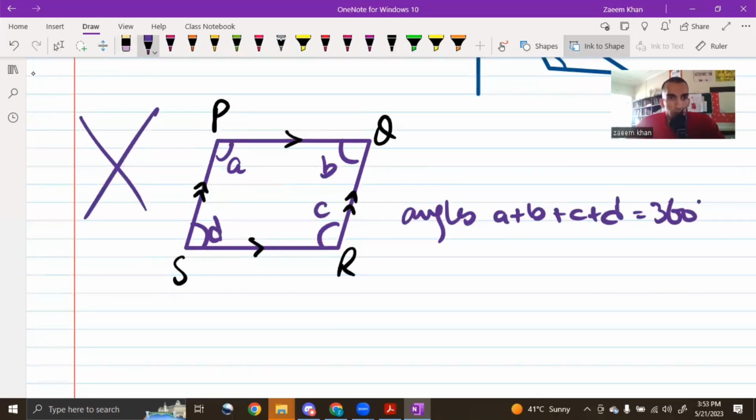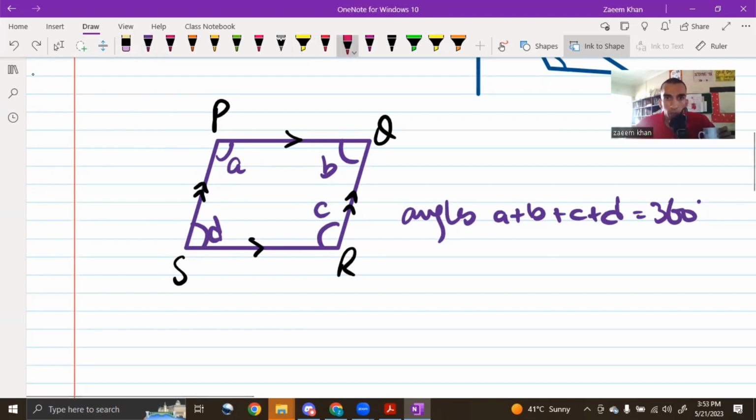Opposite angles are angles which form between two intersecting lines. I'm talking about angles which form between two parallel lines. Interior angles, we did them a little while ago. They're both on the inner side of two parallel lines.